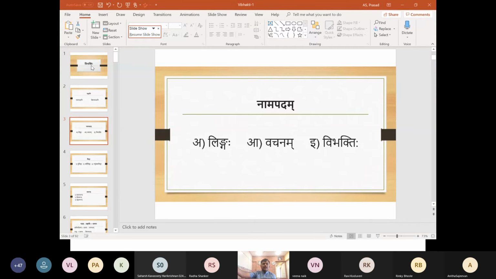Then there is the Linga Vyavastha, whether it is Pumlingam, Strilingam or Napumsakalingam. Then I have taught you about Vachana Vyavastha, which is Ekavachanam, Dvivachanam, Bahuvachanam. Samskritam has got Dvivachanam also. And then there is Vibhakti Vyavastha. I told Vibhakti Vyavastha at that time, said Pradama, Dvitiya, Tritiya till Saptami, but I left it at that.